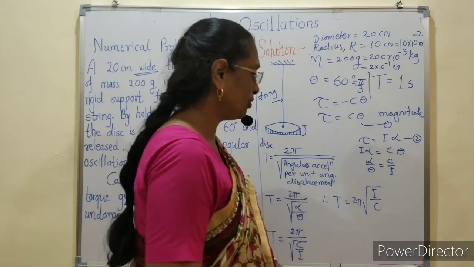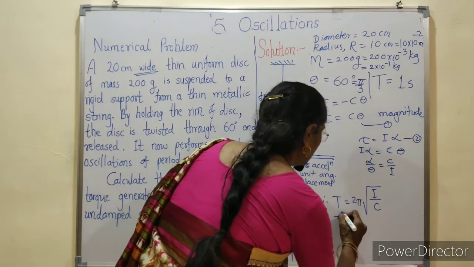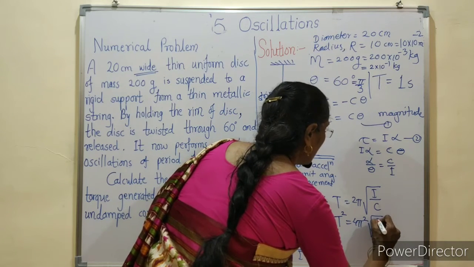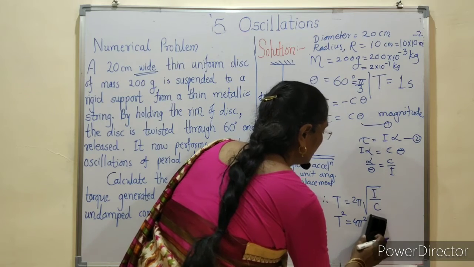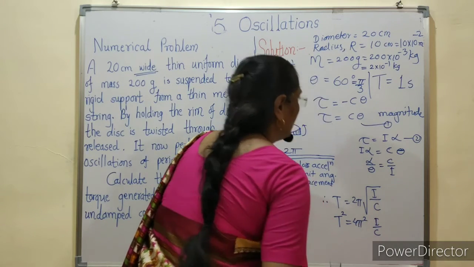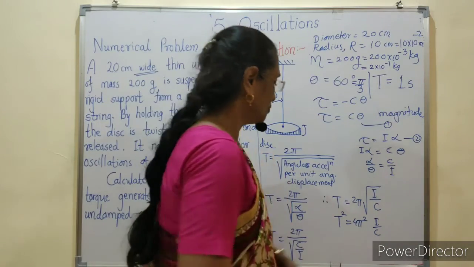Squaring on both sides we get T square is equal to 4 pi square I upon C. But T is given, it is equal to 1.